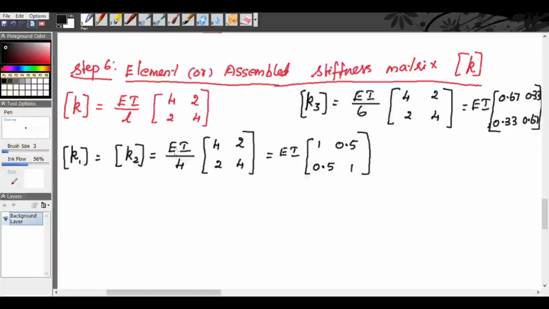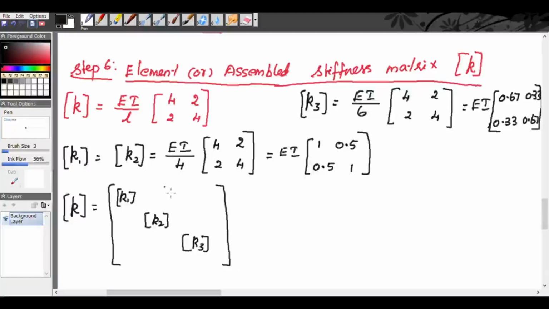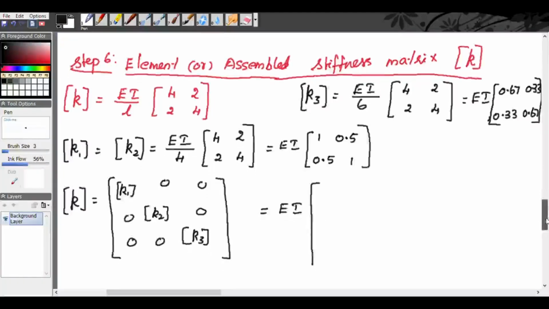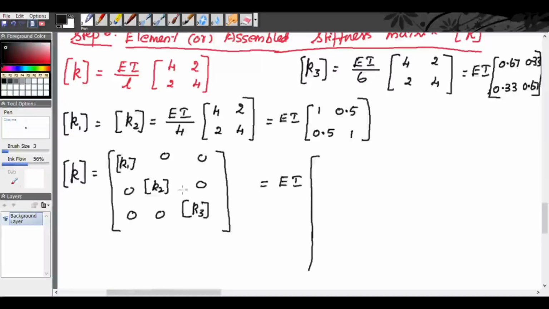So when we are assembling, how do we assemble? Our K matrix will be equal to K1 matrix, K2 matrix. It will be a diagonal matrix, right? K3 matrix. So the diagonal matrix and all the remaining terms will be 0. So we get our K matrix as EI is common. So EI into first K1 is 1, 0.5, 0.5, 1. All the remaining terms are 0.